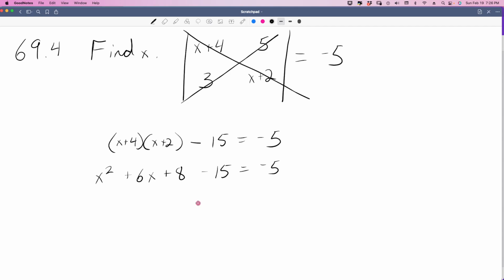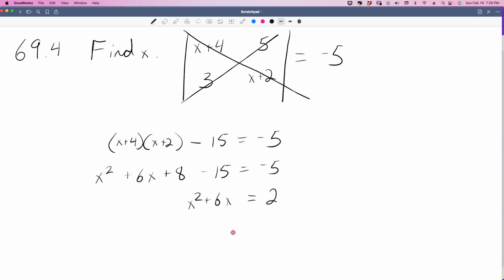So if I add 15 to both sides, that goes away and this becomes a positive 10. And then if I subtract 8 from both sides, this becomes a positive 2. So that would be x squared plus 6x equals 2.